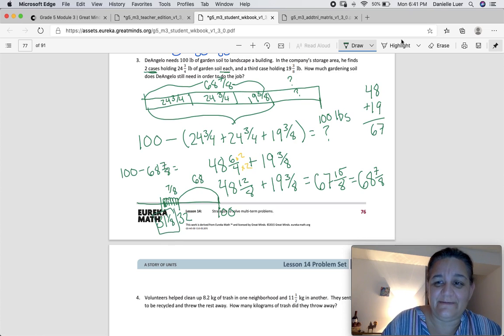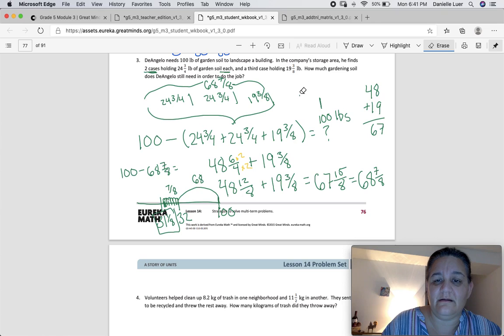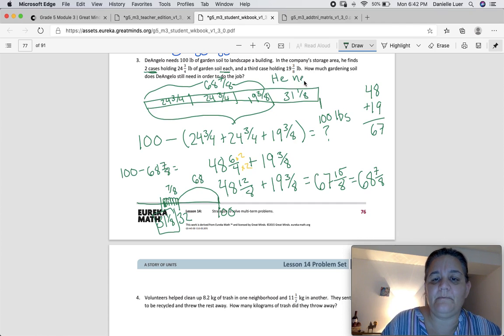So my answer here is 31 and 1/8. How much gardening soil does D'Angelo still need in order to do the job? He needs 31 and 1/8 what? Pounds, LB, pounds of soil, period.